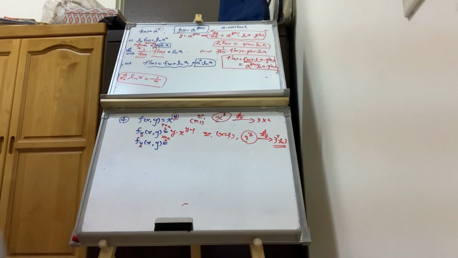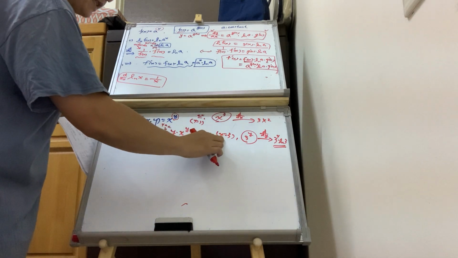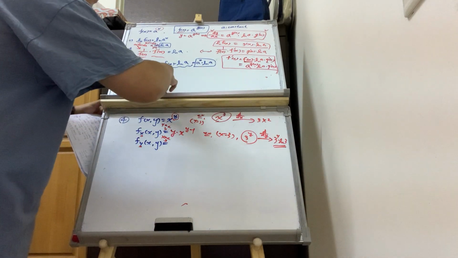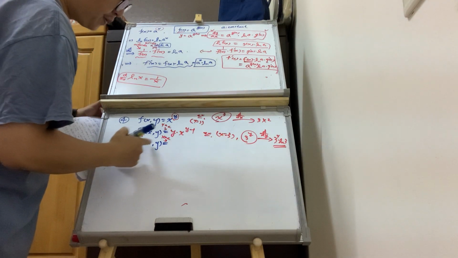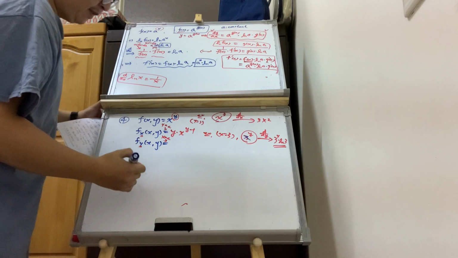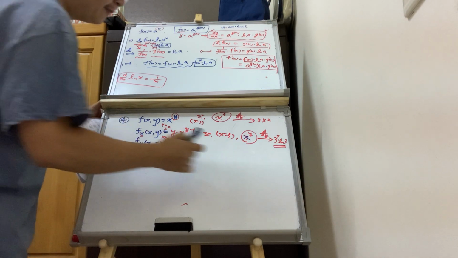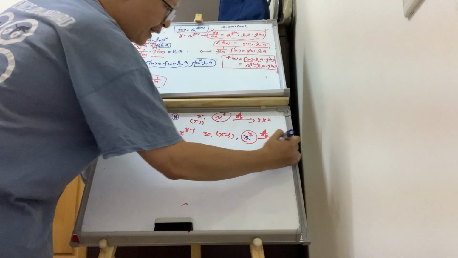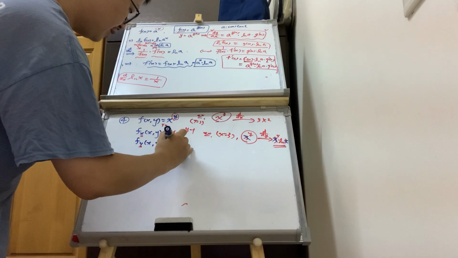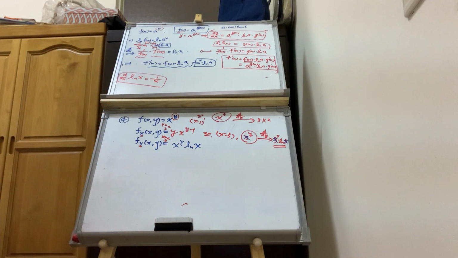But that's just the case when the base equals 3, right? In the general case we should replace 3 by x, because now the variable is y and we consider the partial derivative with respect to y. So the result is itself multiplied by natural log x. That is what we want.